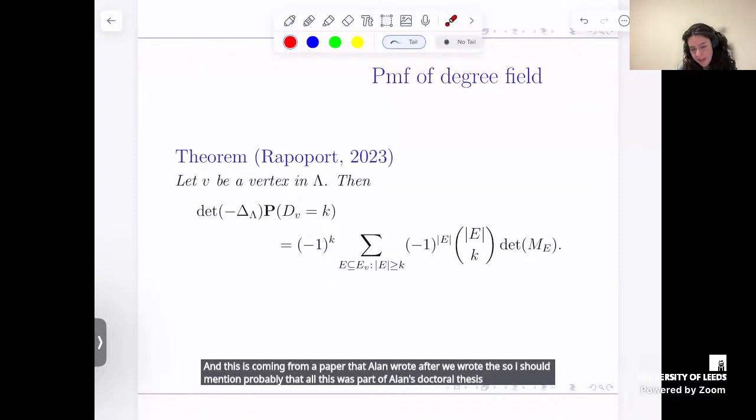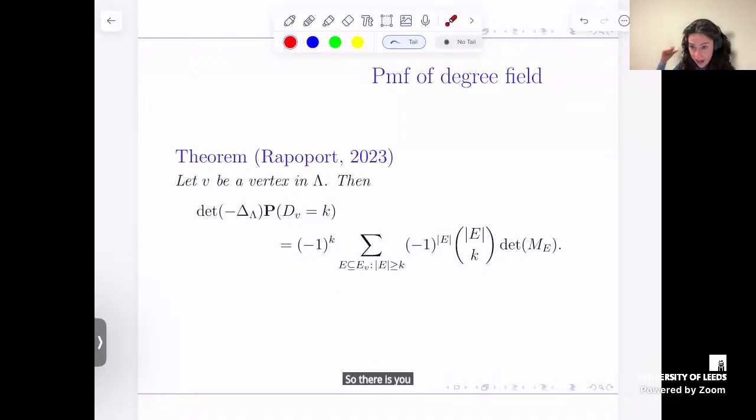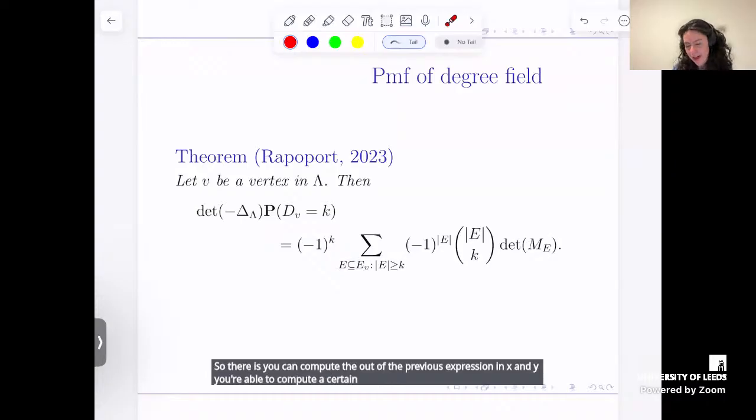What he was computing was this formula for the probability mass function of the degrees. So out of the previous expression in X and Y, you're able to compute a certain formula for the degree at V being equal to K, again, the degree in the UST.